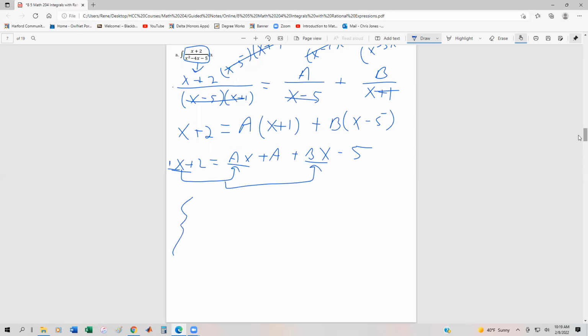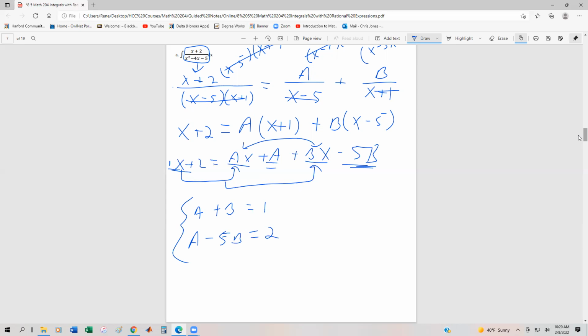And so when we make our system out of this, we have that A plus B has the coefficients of x, and on the left-hand side, 1 is the coefficient of x. Right? And then we have a 2, and then our constants, in other words, our zeroth powers of x, are A and -5B, and that should be equal to 2.